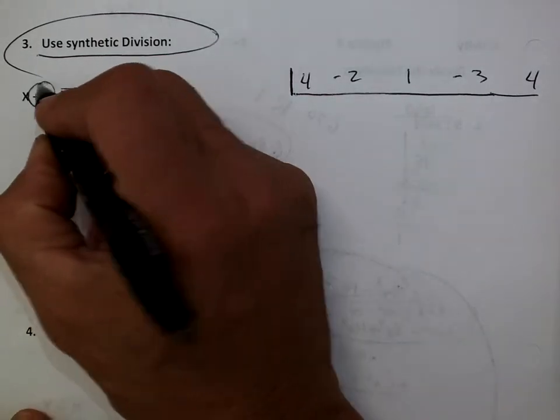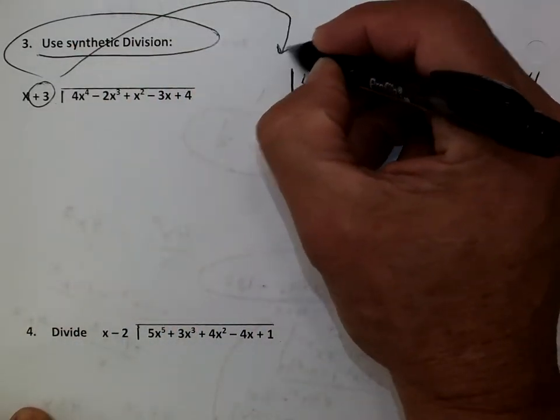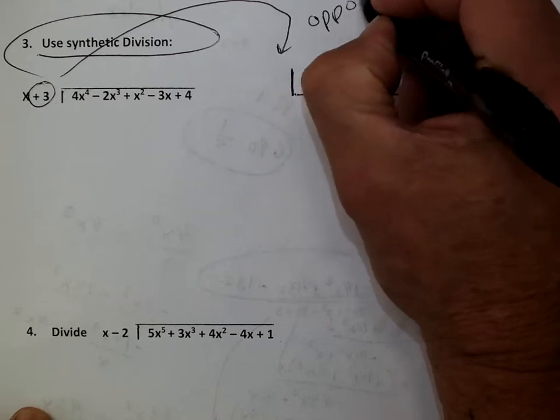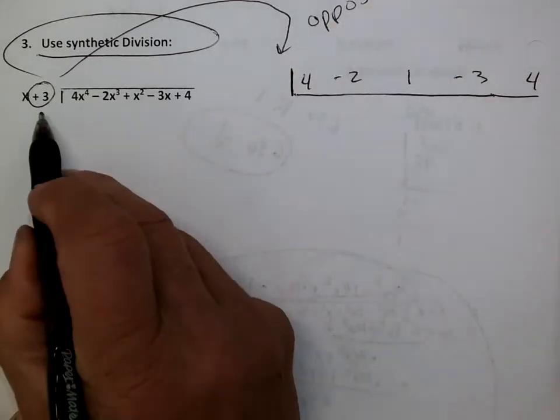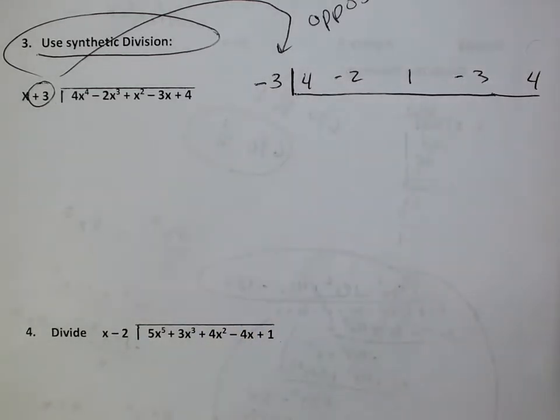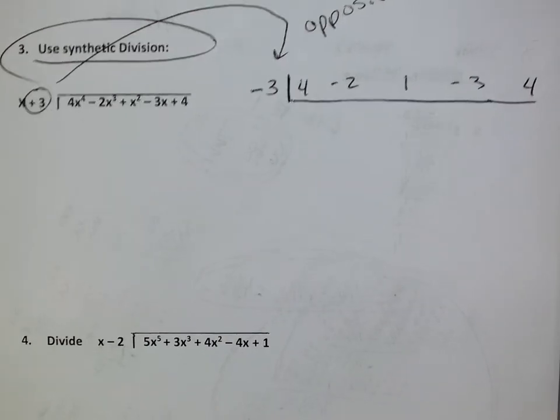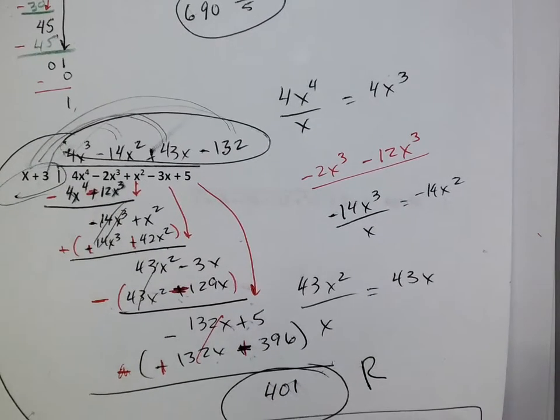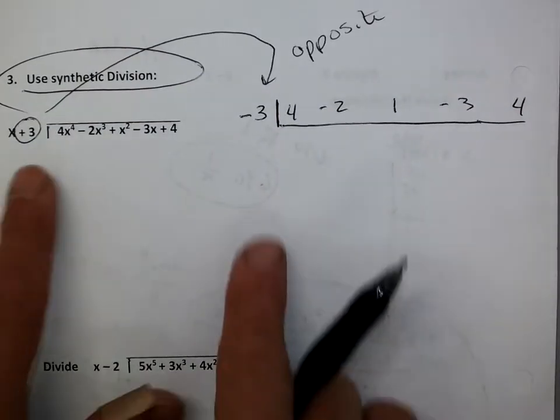Out in front here, we're going to put the opposite. So instead of x plus 3, I'm going to put negative 3. Now the x's are invisible, okay? Everybody got that? We know they're there, but they get in the way. If we put them in, then it gets all messy and ugly like this, right? So let's just make the x's invisible, but you have to put the opposite.